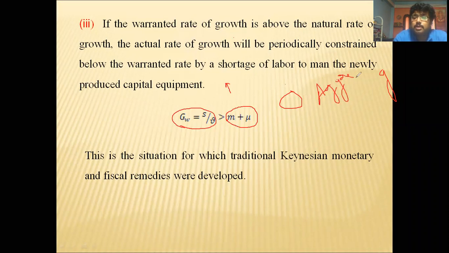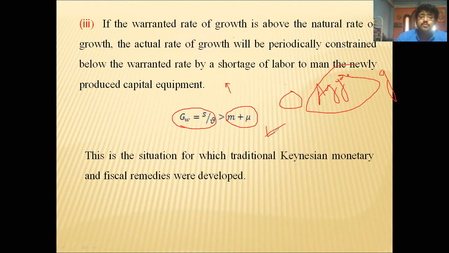By increasing the aggregate demand, the entrepreneurs will get the incentive to produce more. And here the Keynesian concept, that is, the Keynesian tools of monetary and fiscal policy to increase employment and reduce the unemployment rate, is applicable.